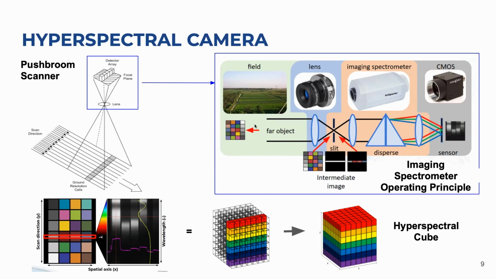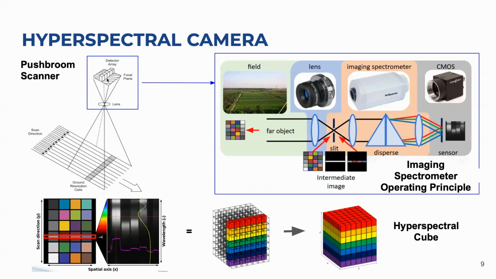So the scene, for example, is captured by a lens. There's a slit between this lens and the imaging spectrometer. Actually, in this imaging spectrometer, there is a single line slit like this, and if this is your scene, you only see through the slit just a line of the scene.